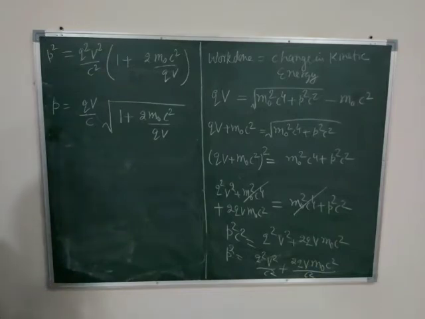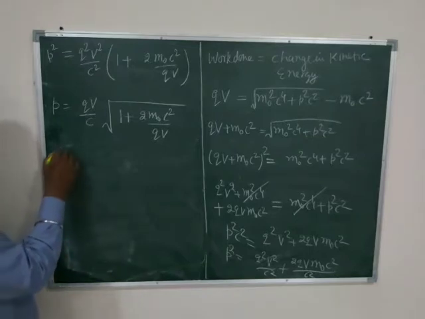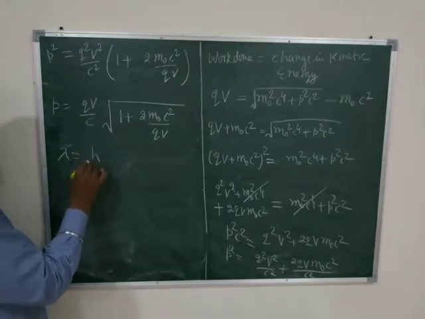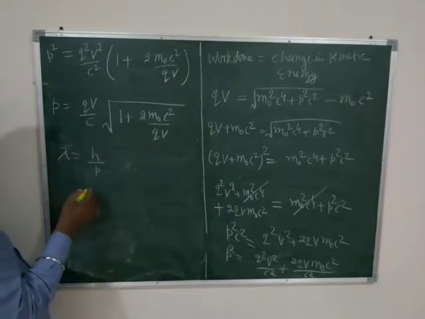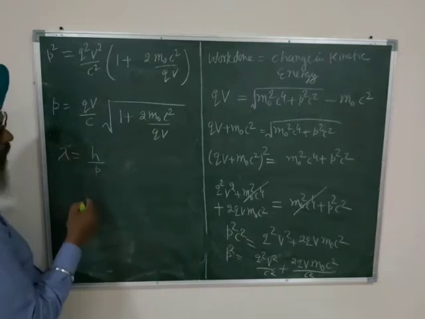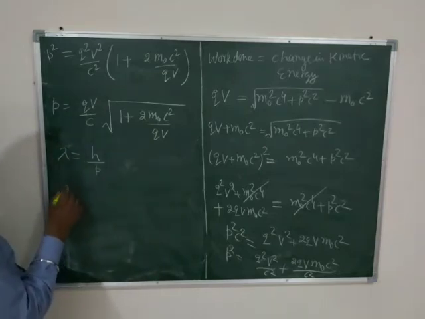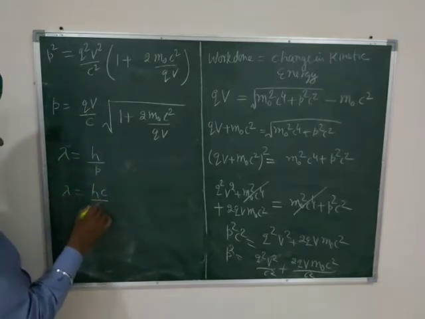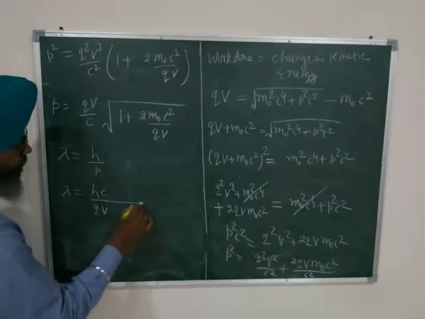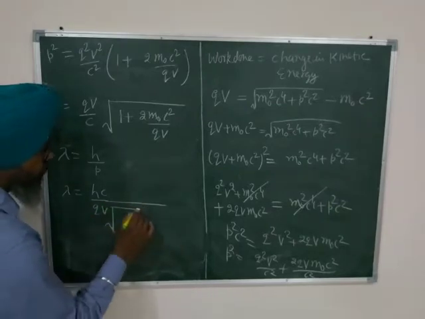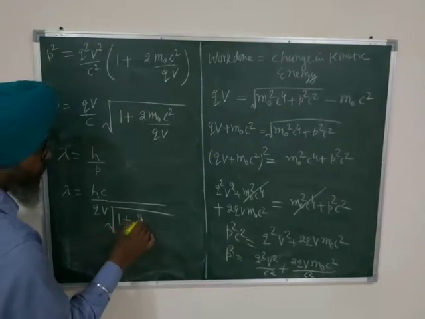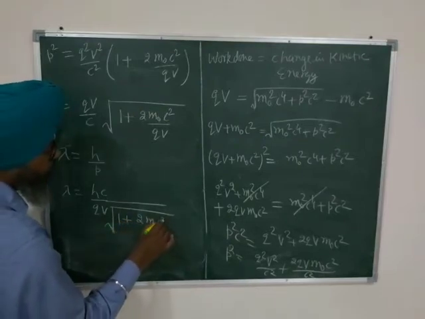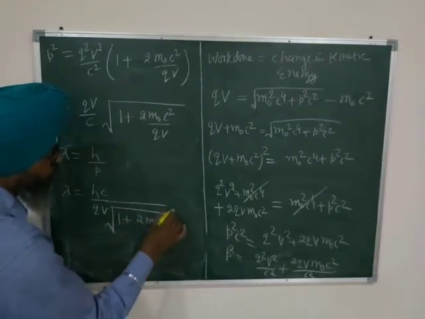Therefore, the wavelength of the charged particle accelerated by a high potential difference, so that it gets a speed comparable with the speed of light, will be given by lambda is equal to h upon p. And if I put the value of p from the above equation, then we will get lambda is equal to hc upon qV and square root of 1 plus 2 m naught c square upon qV.